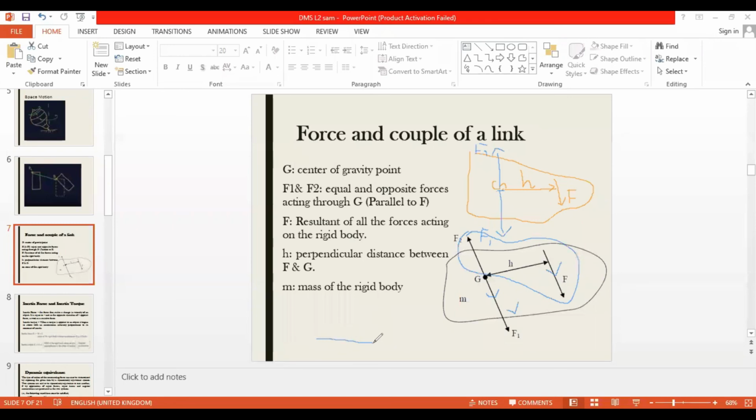So a force which is acting anywhere on a body can be transformed to the center of gravity as a force and a couple.